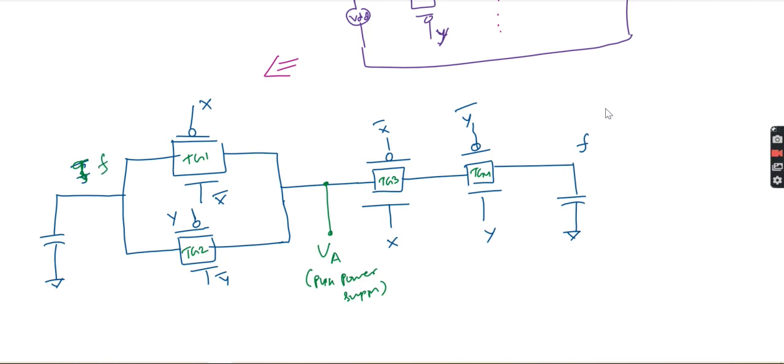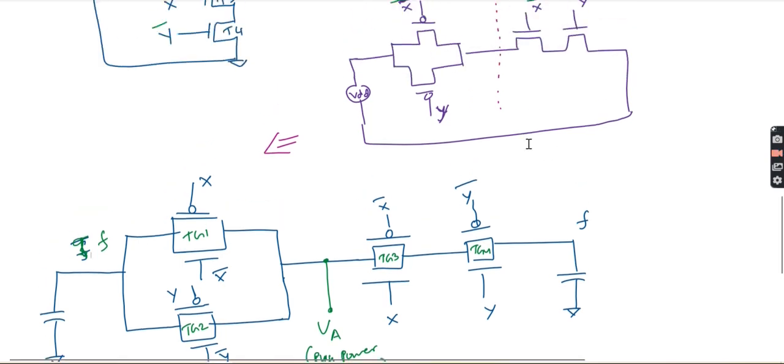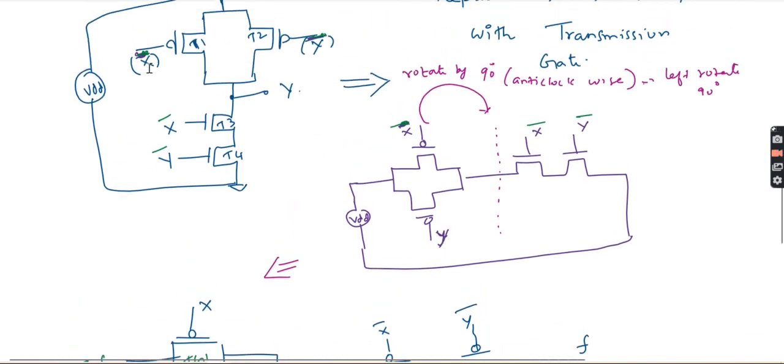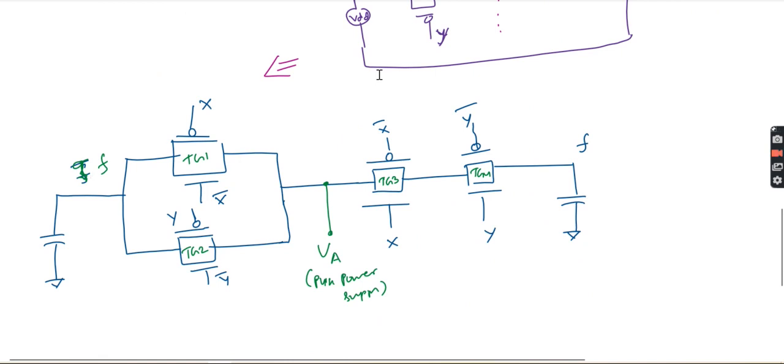But how can you give the inputs, because two transistors are there? We replace the PMOS by NMOS. I hope you remember. Now you can see the PMOS transistor's inputs are X and Y. So the PMOS will be X and Y, and then your NMOS will become X bar. Simple.